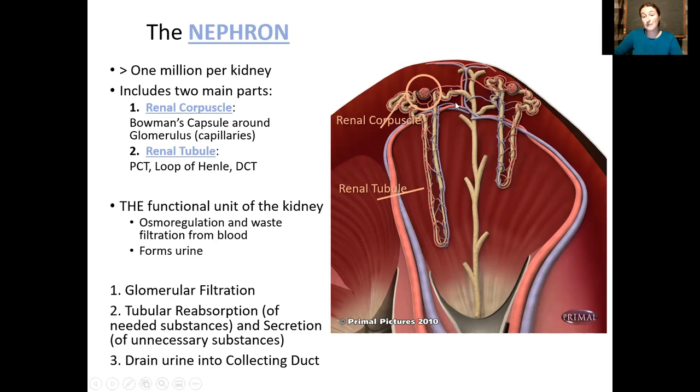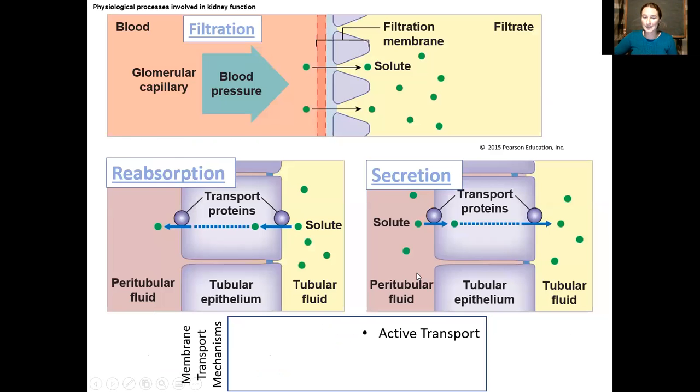And then ultimately the filtrate is going to be drained out this collecting duct and down to your urinary bladder. Okay, so that's the third and final step to this process here. We drain the urine at this point into the collecting duct, which is right over here. Ultimately out the kidney, to the bladder, and out. Okay. So that is where we're going here.